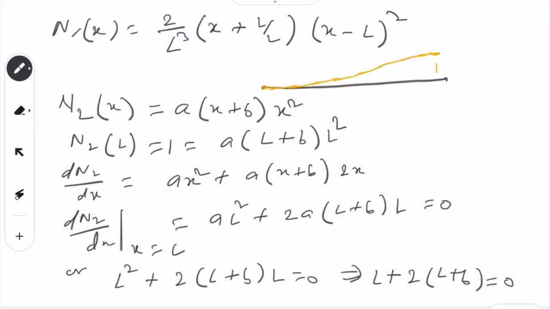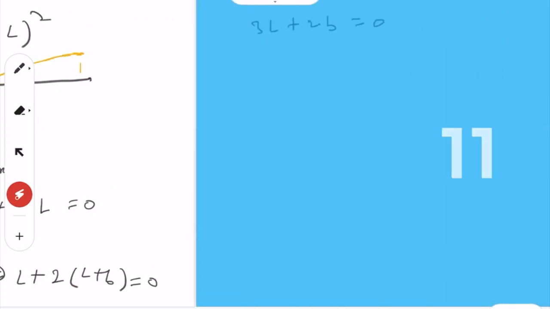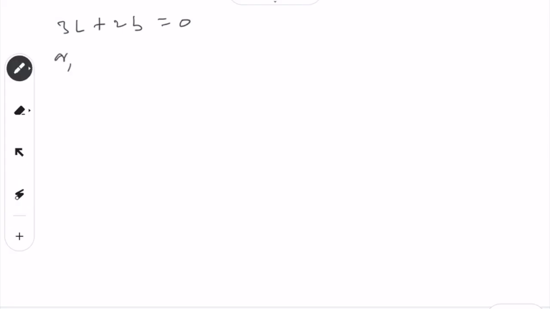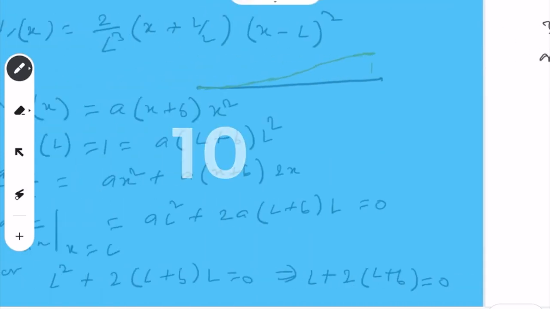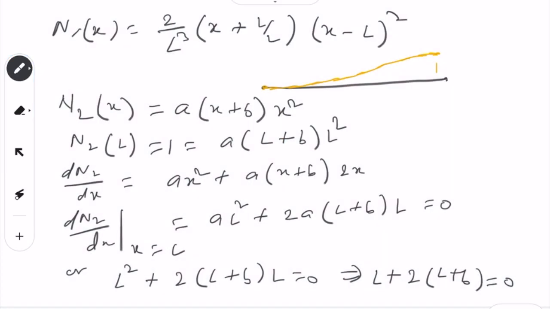So 3L plus 2b equal to 0, and we will get b equal to minus 3L over 2. Hence we can find a from here: a will be equal to 1 over L plus b L square.